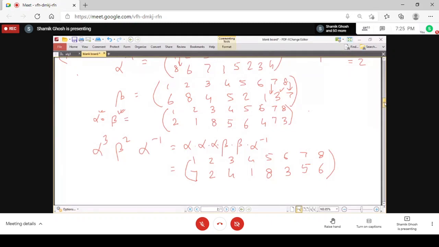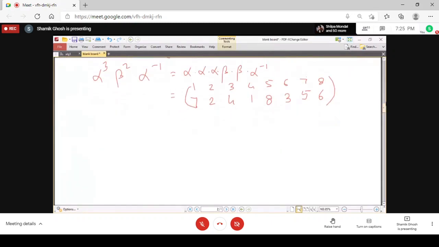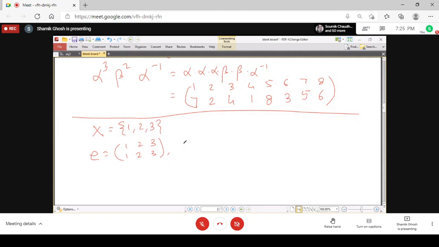Now, before proceeding further, where we started, we just showed how the full symmetric group can be formed. So if we start from 1, 2, 3, then you see that we have 6 permutations. The identity is the first one, where 1, 2, 3 maps to itself, 1, 2, 3. Then suppose you call it alpha, where 1, 2, 3 goes to 1, 3, 2.